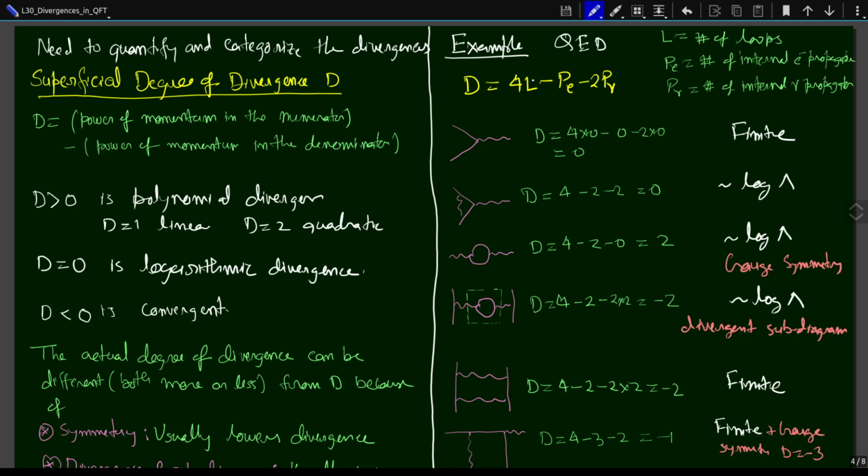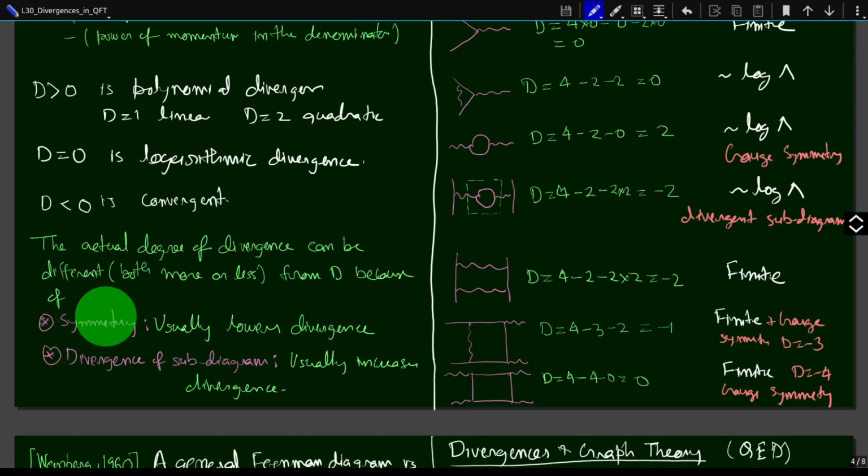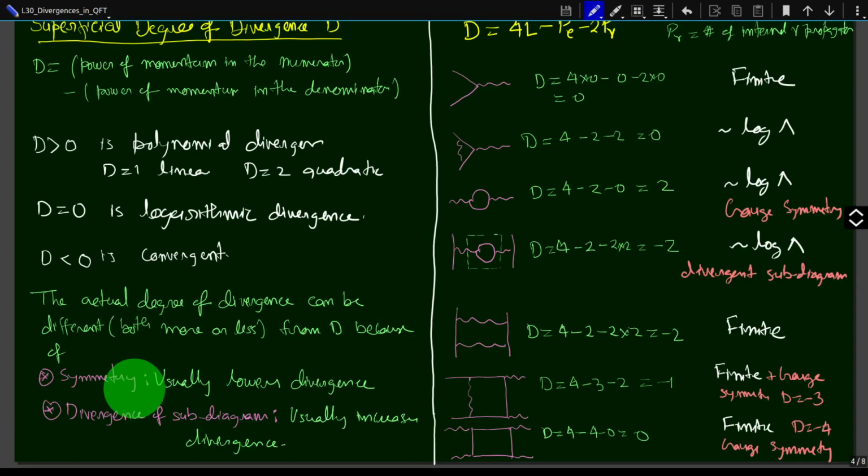Now the actual degree of divergence in a given theory might be different from the superficial degree of divergence. It could be more divergent than what we have computed using the superficial degree formula, or it may be less divergent. What happens if you have a symmetry in the theory, like the gauge symmetry in a gauge field theory? This usually lowers the divergence, so whatever the superficial degree of divergence says, the actual divergence is less than that.